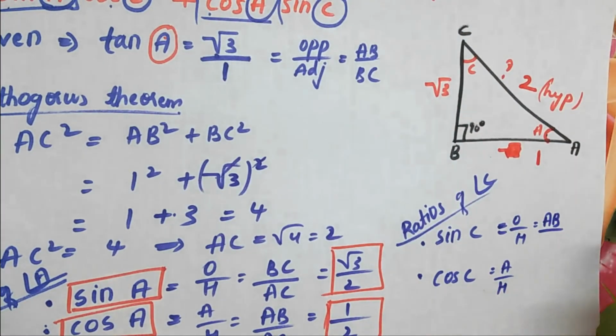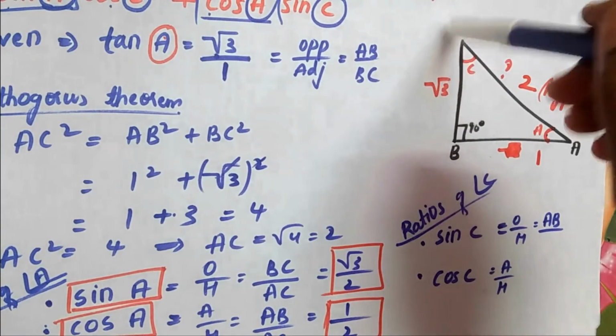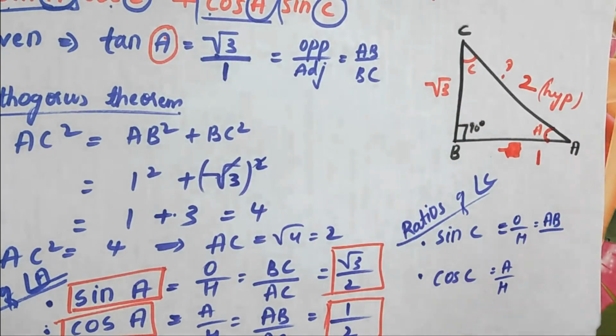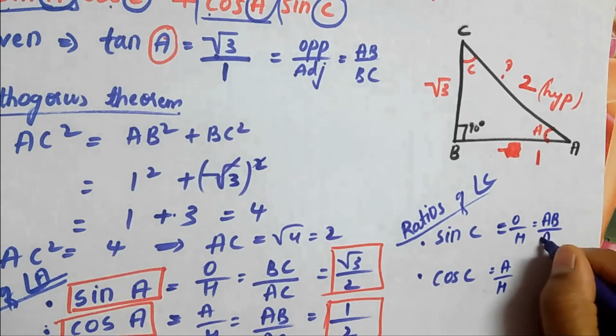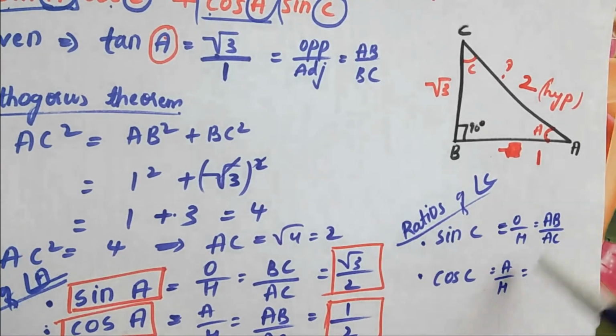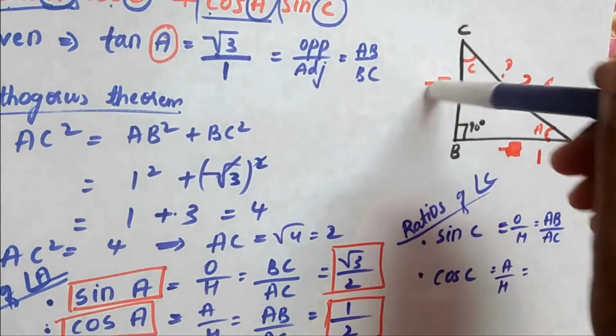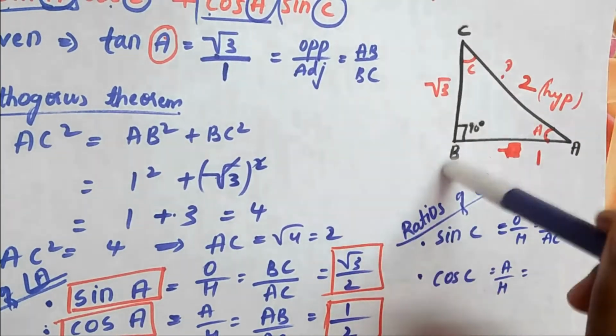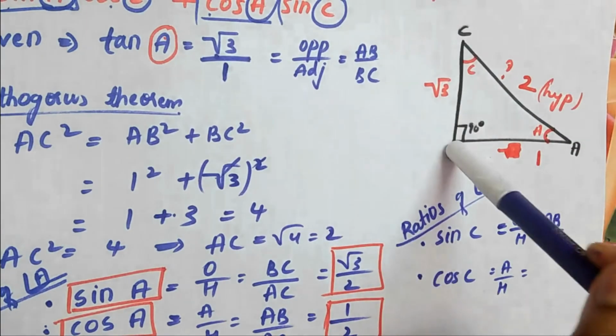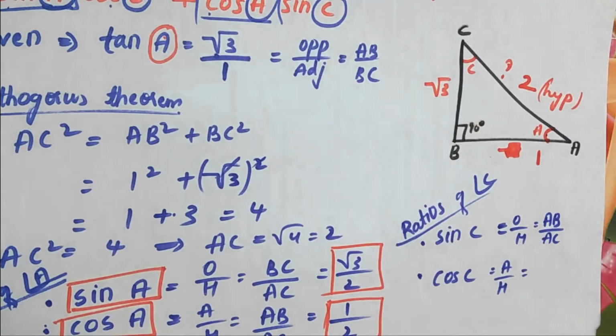From angle C, what is the hypotenuse? The hypotenuse will be the same, AC. From the point of view of angle C, what is the adjacent? The adjacent for angle C is BC, the side next to it.